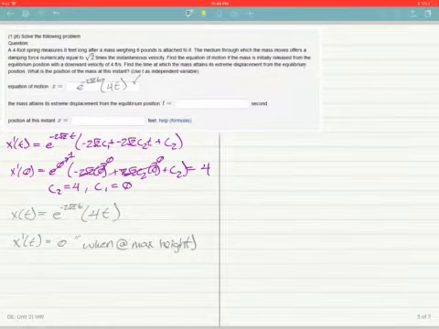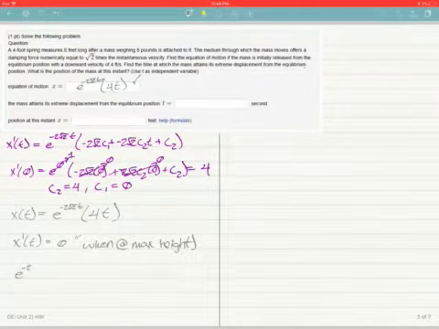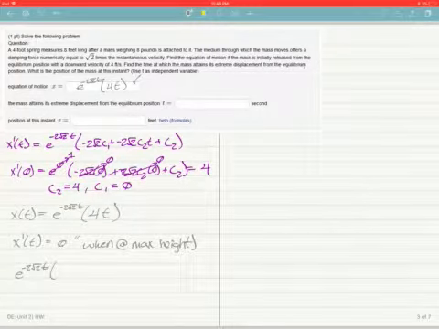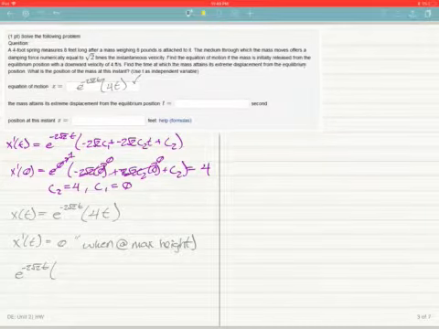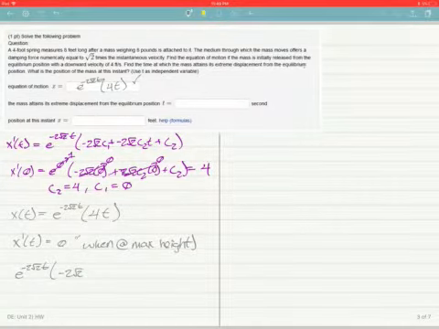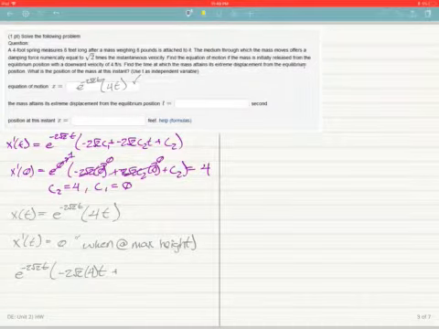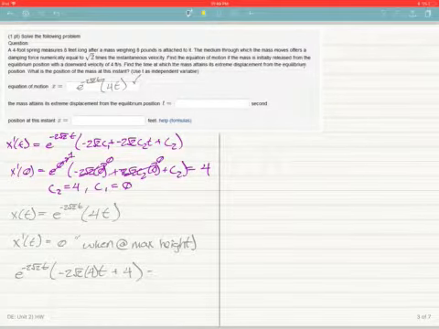So let's set x prime of t equal to 0 and find what we get. E to the negative 2 square root of 2t, and then we have c1 is just 0, negative 2 square root of 2 times 4t plus 4.